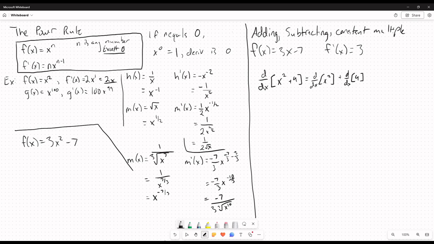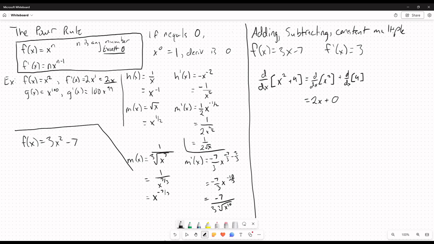In order to evaluate this derivative, which isn't just x to some power, all we have to do is split it up term by term and take the derivative. And we'll get something like, well, the derivative of x squared is 2x. And the derivative of 4, that's a constant, that's just going to be 0, as we learned last week.